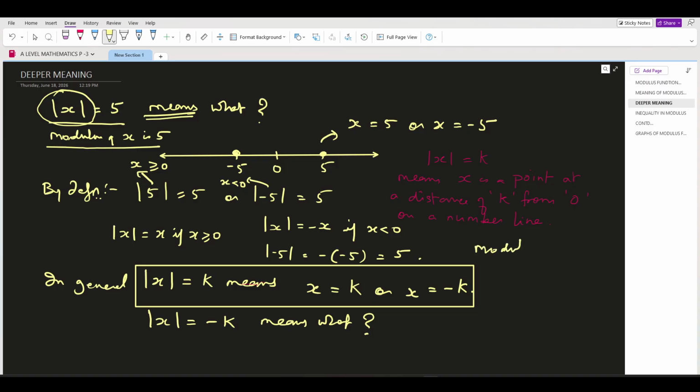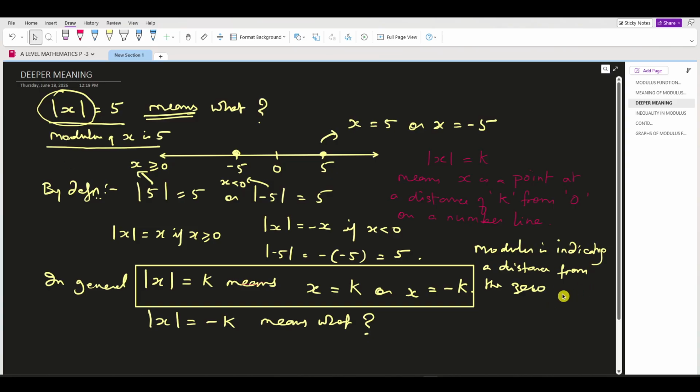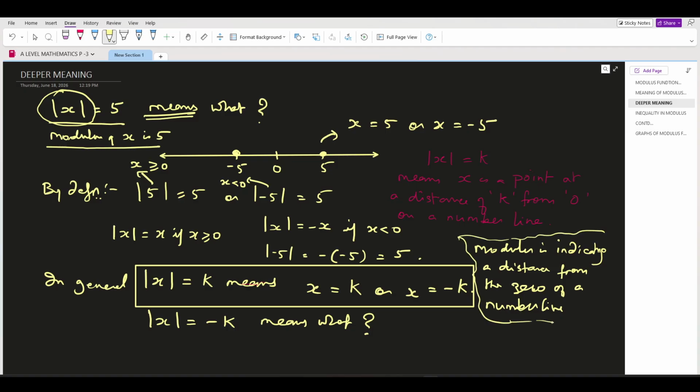Modulus is indicating a distance from the 0, of a number line or on a number line, right? Now this is the meaning of modulus of x. Now let us try to understand how we came to this conclusion.